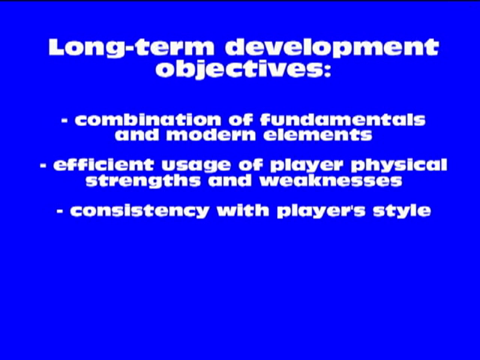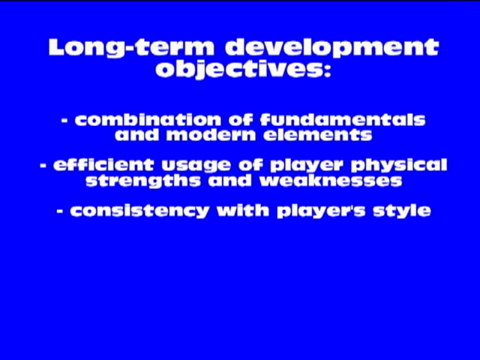So when you work on long-term development, think in terms of having a good combination of fundamentals and modern elements. Think about using efficiently the player's physical strengths and weaknesses. What kind of muscles will potentially be stronger for him? Look at his parents and focus his future development. See biceps, for example, for double bend, or otherwise straight arm.